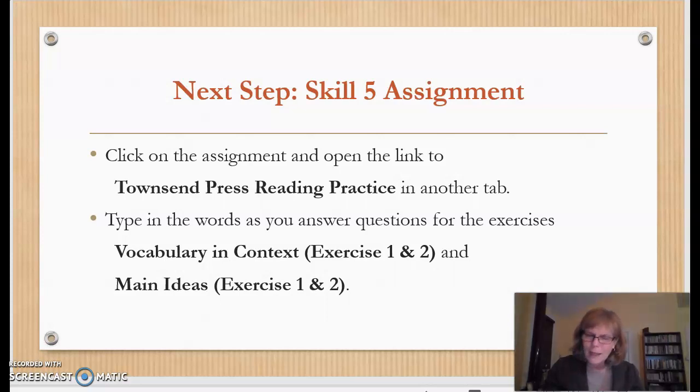So open up that link, get some practice, and you're going to be answering some questions when you look at the Skill 5 assignment, right? After you practice on the link, come back to Blackboard and answer some questions in the Skill 5 assignment. You'll want to take notes from Townsend Press, and you'll have to answer some questions with those notes in Blackboard.